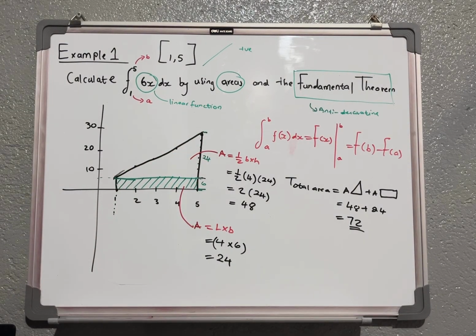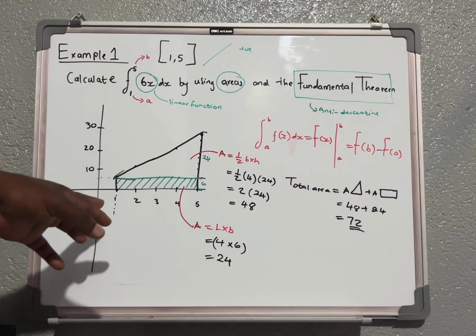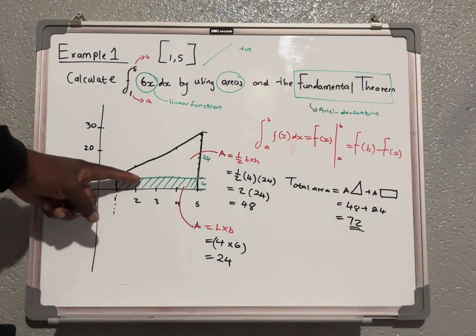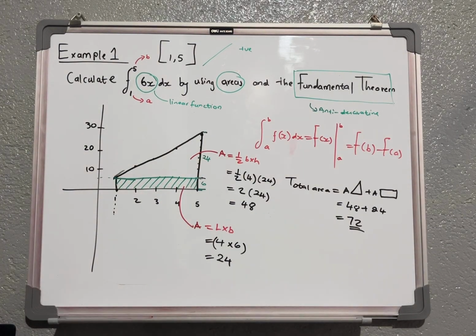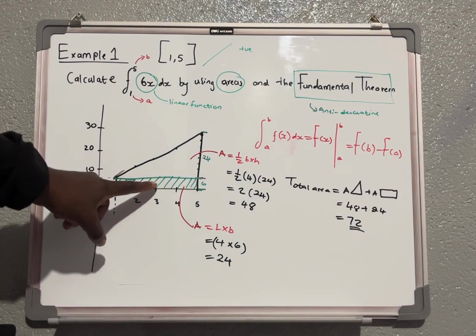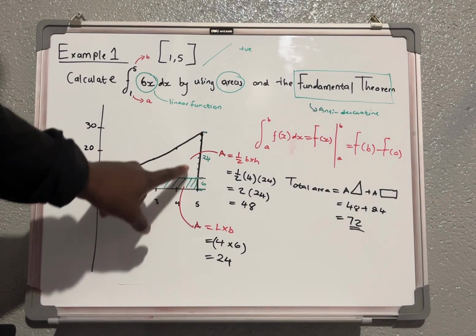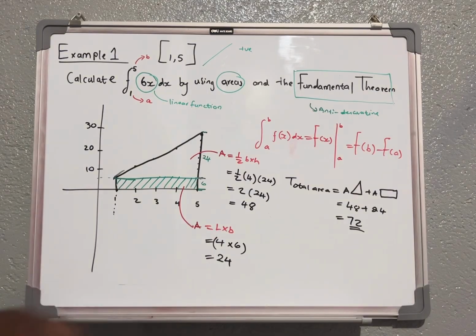But I still had a problem because I had an irregular shape. So I cut it here so that I can work with a square at the bottom and a triangle. Then I considered the area for each and calculated everything.